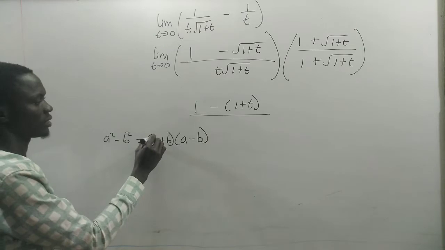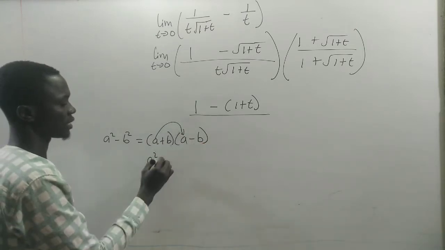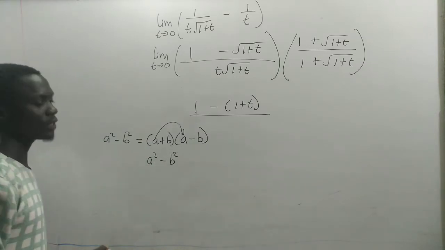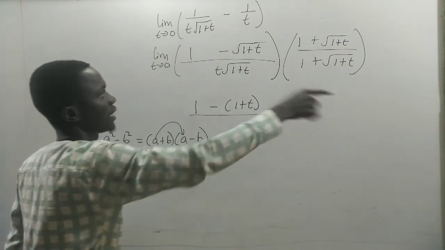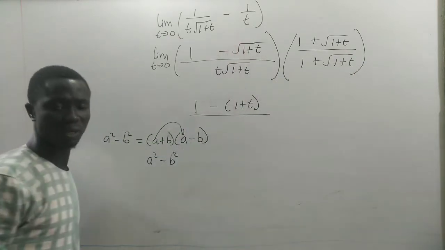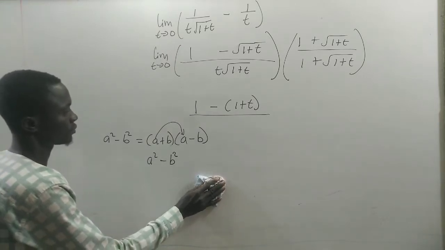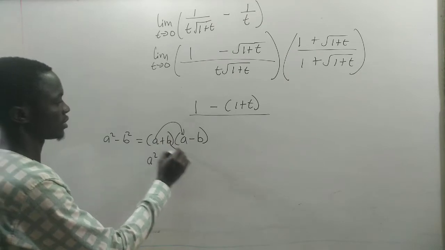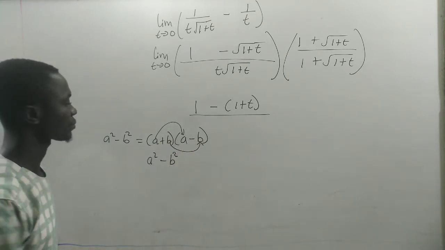So here it is a times a, that is a squared, b times a, that is negative b squared. Simple as that. Or you can expand and then you see that the middle terms will cancel out. Now let's move on. So this one is a times a squared, and here you multiply this to get that. Very simple as that.